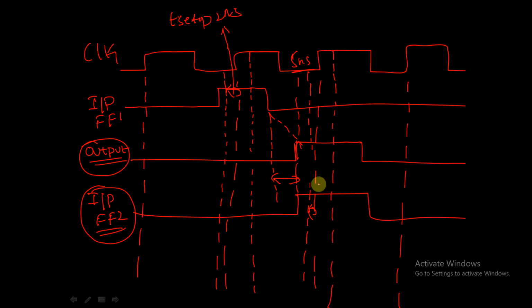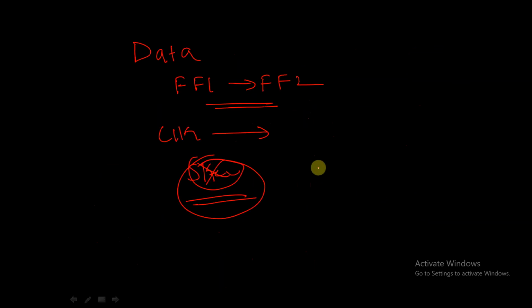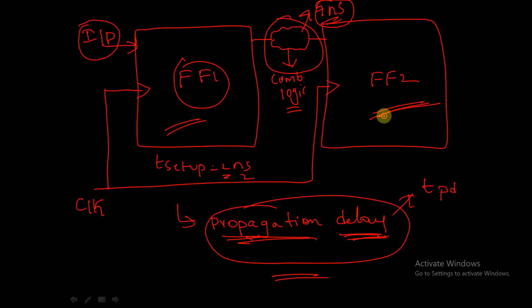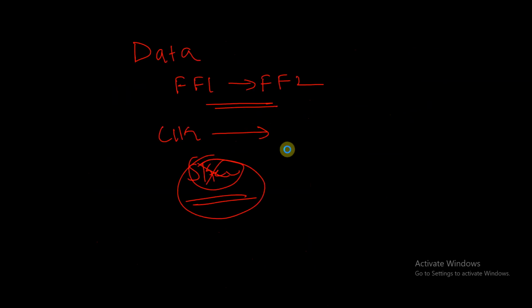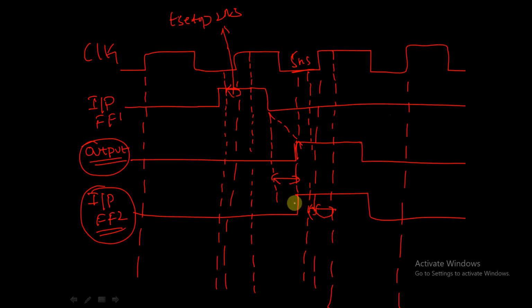Hold time requirement is also achieved. So there is no hold time violation, right? So there is no setup time violation and hold time violation for flip-flop 2 also, right? Are you able to understand? So this is how we have achieved the setup time and hold time requirements for both the flip-flops.